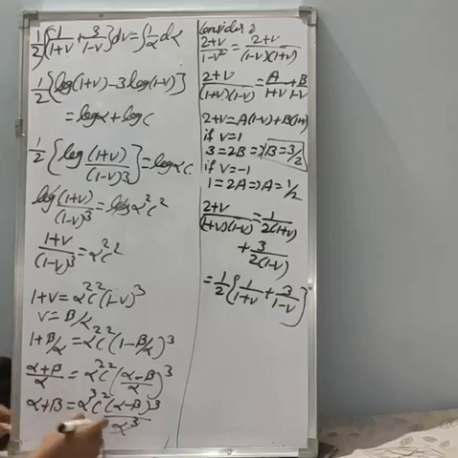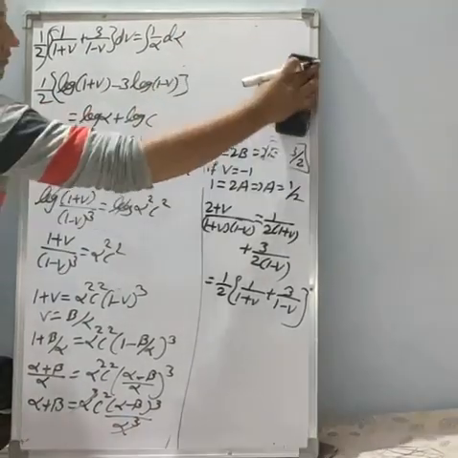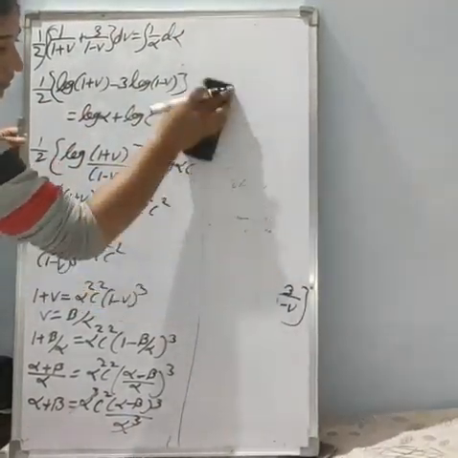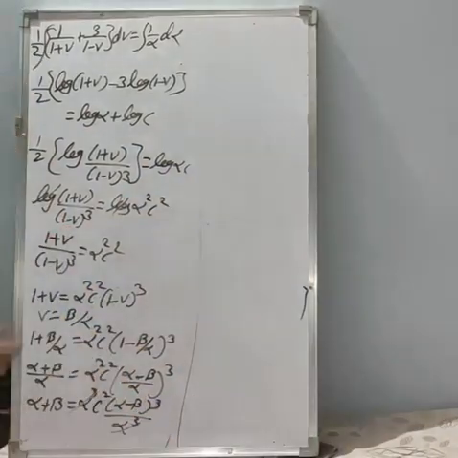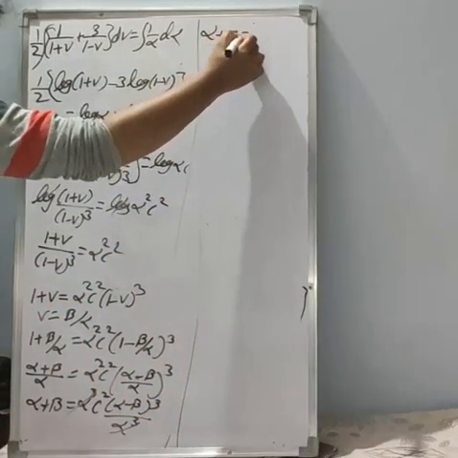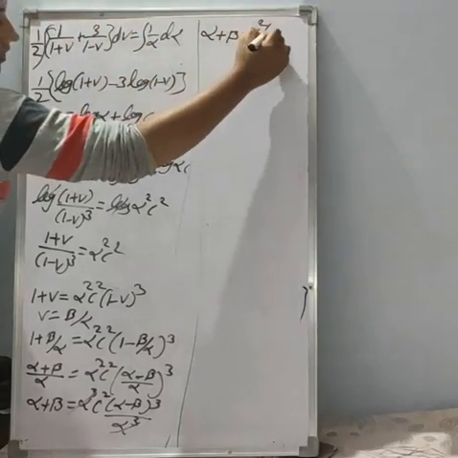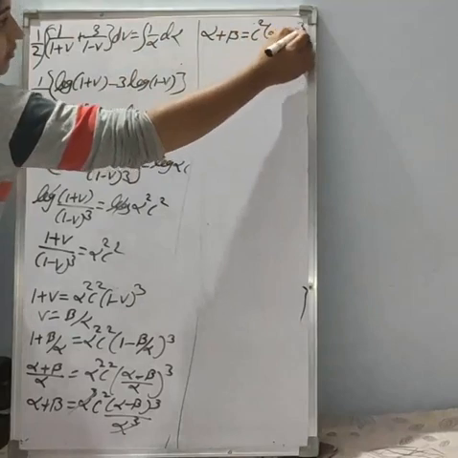Okay, so here alpha cube gets cancelled. So we remain with alpha plus beta is equal to c square into alpha minus beta whole cube.